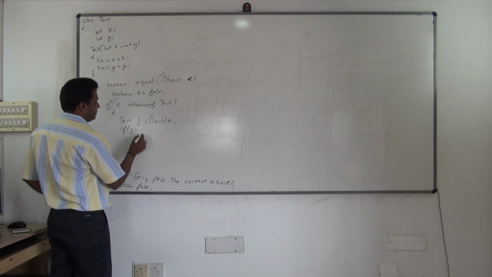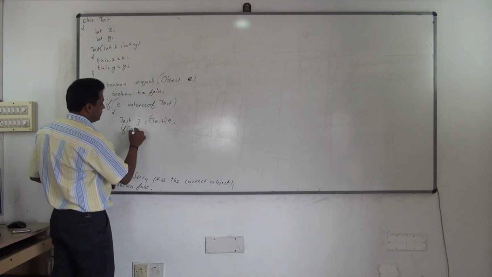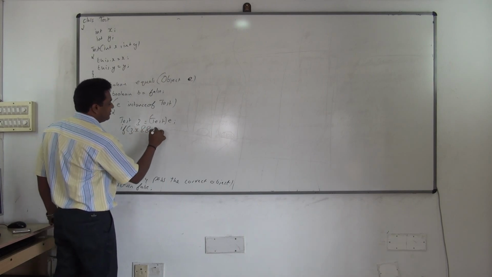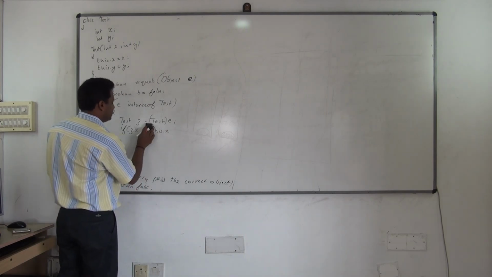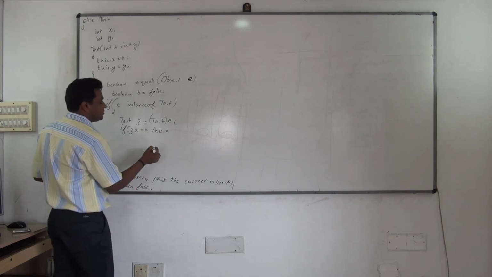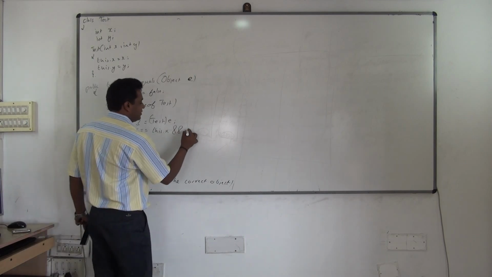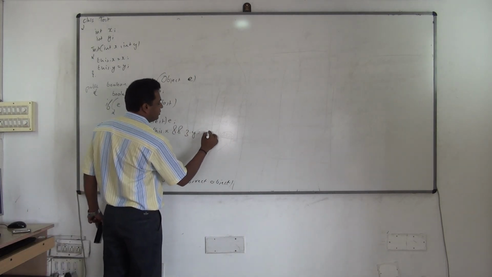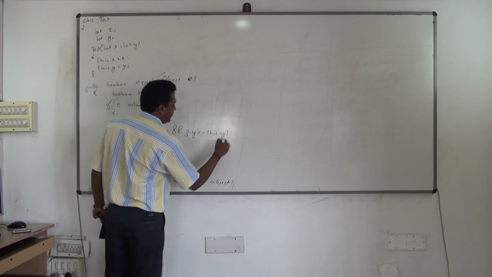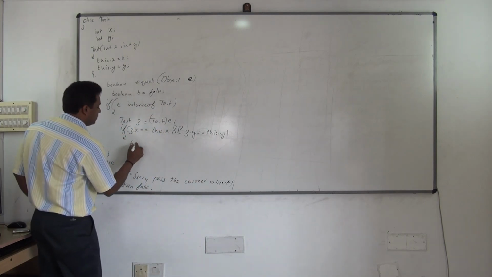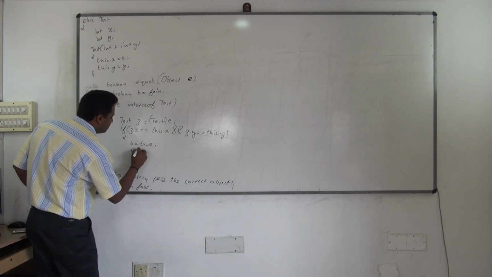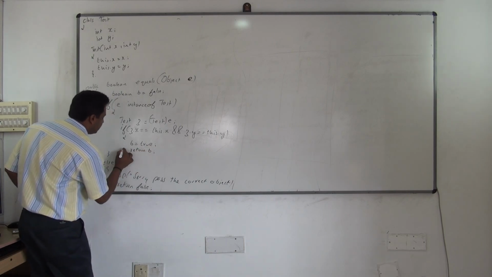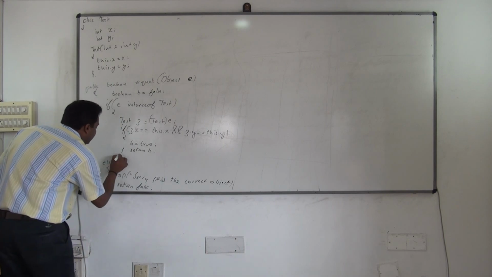Otherwise, see, if Z dot x is equal to this dot x and Z dot y is equal to this dot y, b is equal to true, return b.